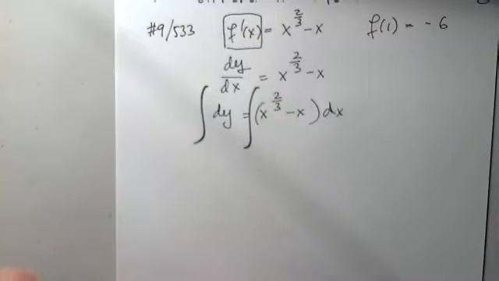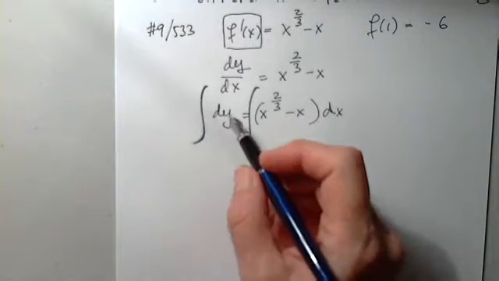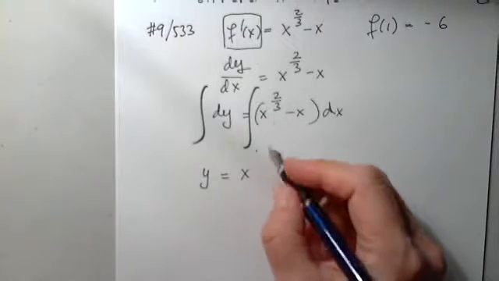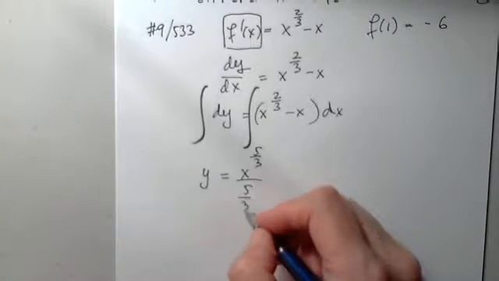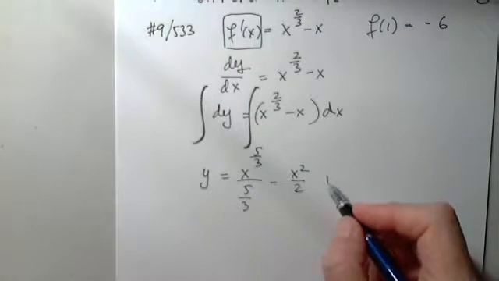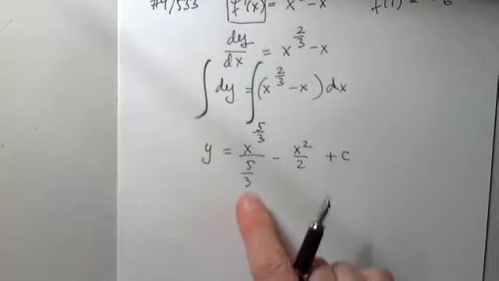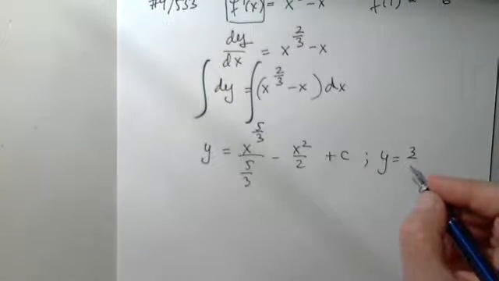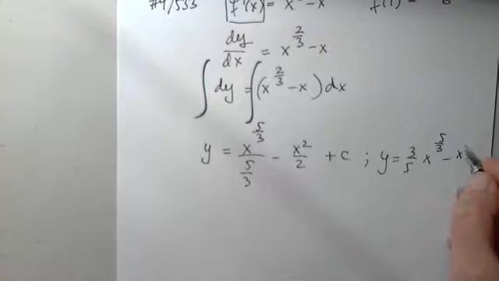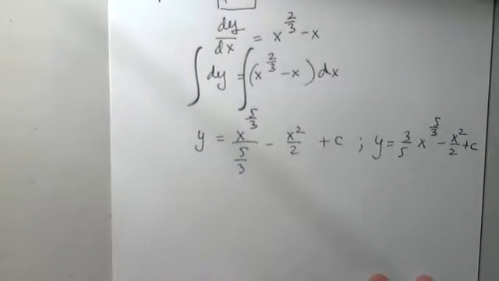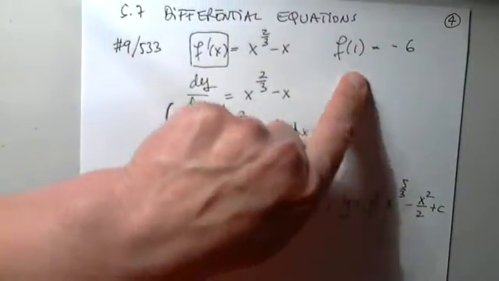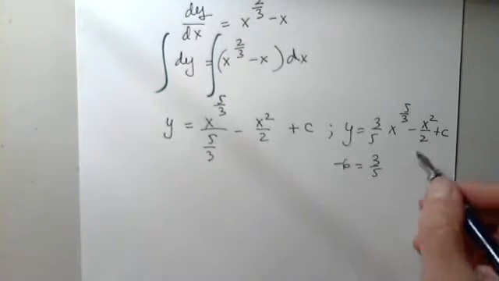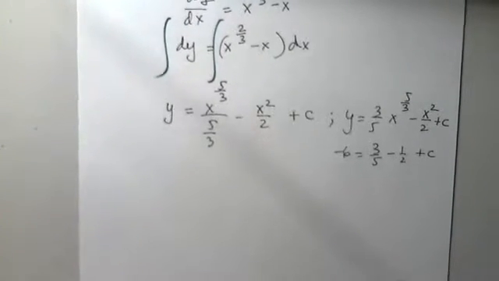And let's see what we get. The integral of 1 dy is y, equals x to the 2/3 plus 1, which is 5/3, divided by 5/3, minus x squared over 2 plus a constant c. We'll simplify a little bit by flipping 5/3. So I have y equals 3/5 x to the 5/3 minus x squared over 2 plus a constant c. I am told that f of 1 is -6. So -6 equals 3/5 minus 1/2 plus a constant c.